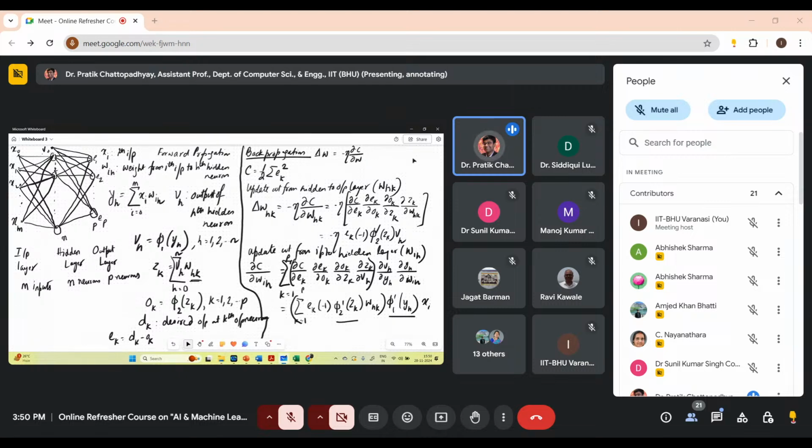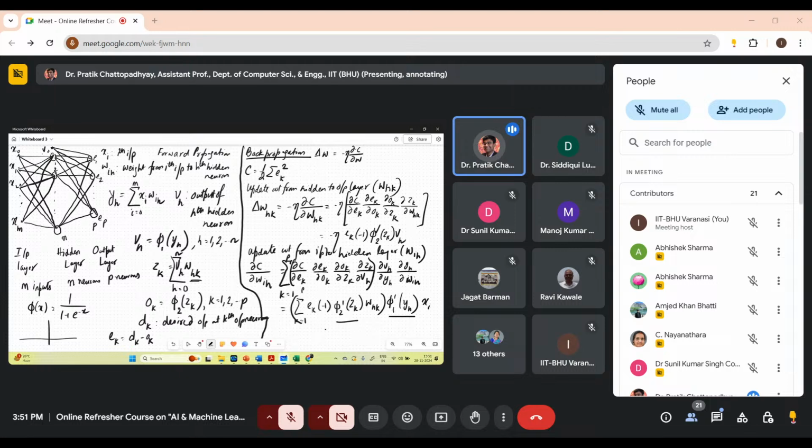The activation functions we usually consider here are sigmoid or tan hyperbolic, etc. The sigmoid activation function is defined in this way: 1 by 1 plus e to the power minus x. Whatever is the input, we compute e to the power minus of that, and then 1 by 1 plus. The shape of the curve is this.